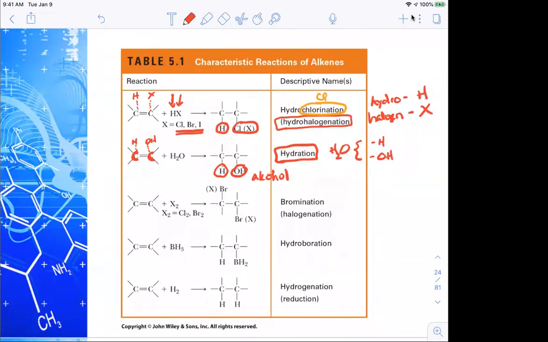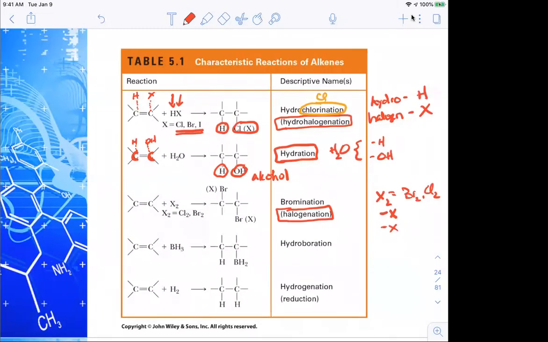The next one is going to be halogenation. Halogenation is X2, right? Which could be Br2, Cl2, or actually those are the ones that work the best for halogenation. So basically, I'm going to separate that out, and I add an X and then another X. So if it's Br2, I add 2 bromines.